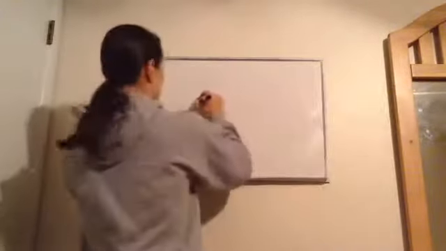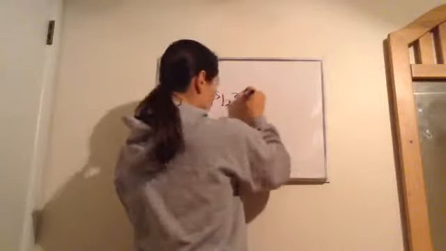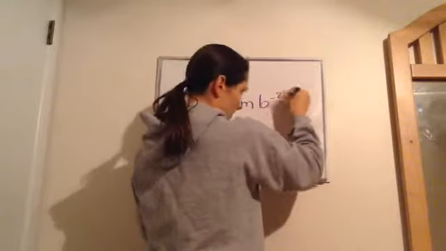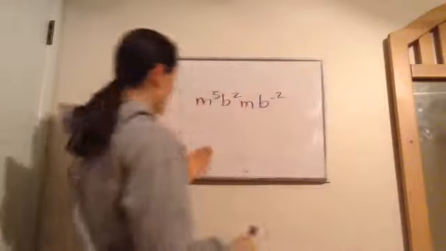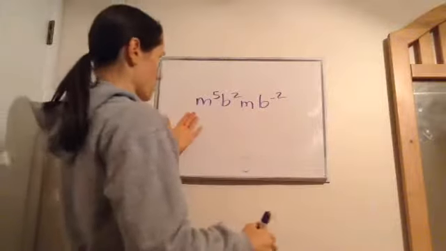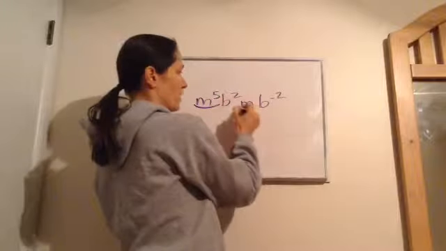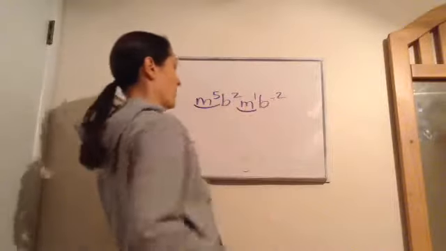Okay, ready? M to the 5th, b to the 2, m b to the negative 2. Now, what's the first thing you would do on this? Like terms. Okay, so I have m to the 5th and m to the 1st. We need to put a 1 there just to help us.